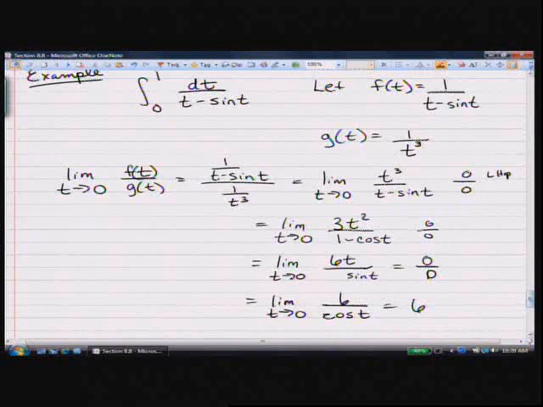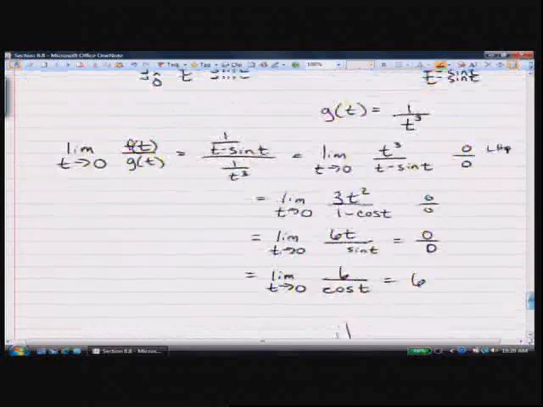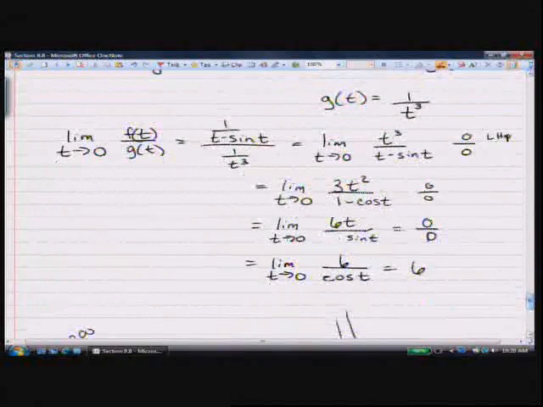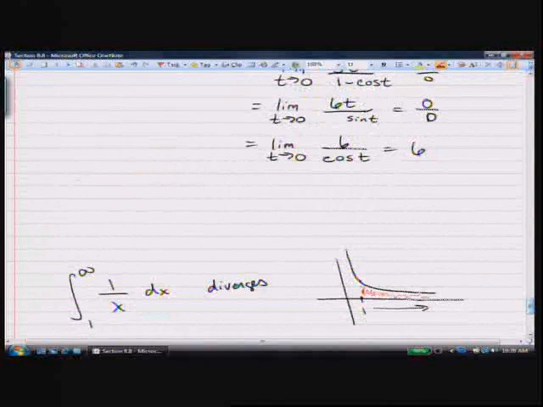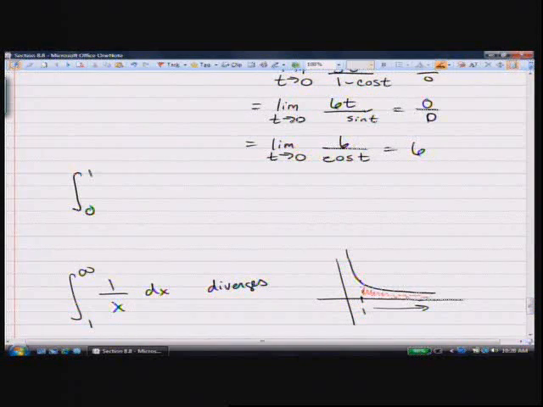So let's see if we can figure out what happens on the interval from 0 to 1 of 1 over t cubed dt. Well, obviously you have a problem at 0, so you need to look at the limit as b approaches 0, or you could say a. They seem to choose a.